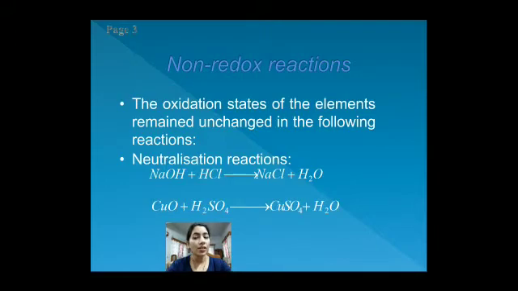In neutralization, when an acid is reacting with a base, making the salt and water, it is a non-redox reaction. In this case, sodium hydroxide has a +1 oxidation state, and when making the sodium chloride salt, it also has a +1 oxidation state.